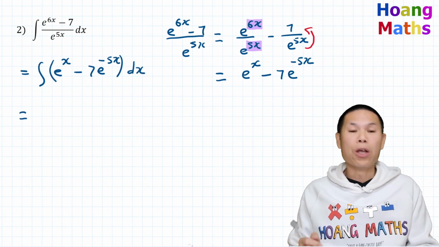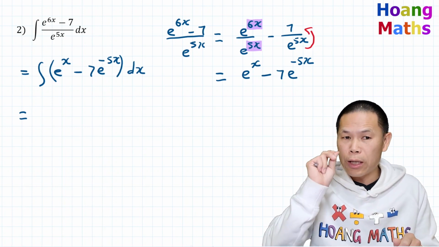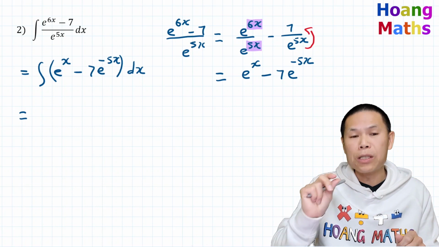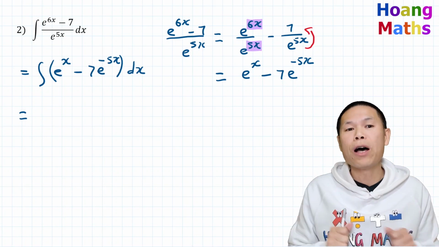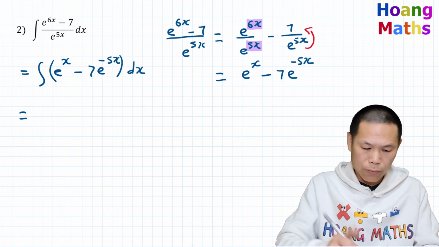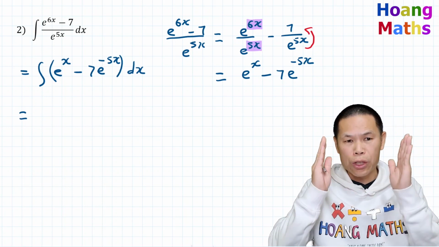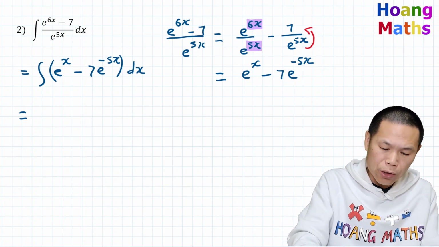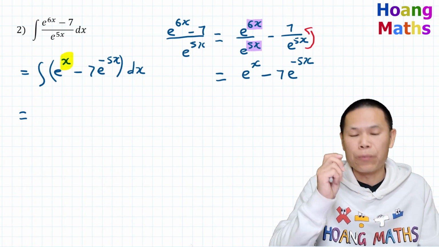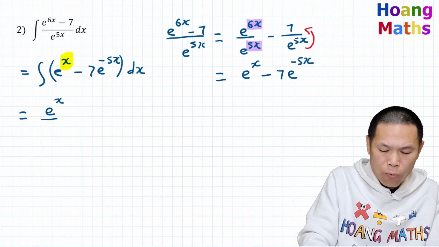So there you go. So now to integrate the exponential functions, e to the f of x becomes e to the f of x over f dash x. Now to integrate e to the x, we just differentiate the power. So differentiate this will give me 1. So therefore, e to the x over 1.